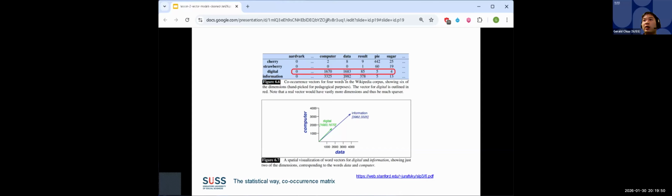Information here is 3982 and 3324. You can draw a vector like this. And when you draw this vector, that can be your vector space already. But you can see there are many columns and there are various ways to do it. So this is one example of how this is done.